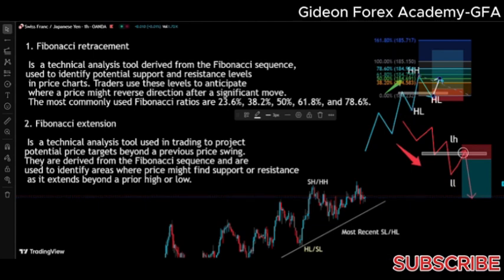So to be logical, you want to target between 78.6% and 100% at that point. So that's where you would target at 100% or 78.6% extension, okay? Sometimes it will go beyond to 161.8, but I would say to be on the safe side and to be reasonable enough, you target 100% or 78.6%.